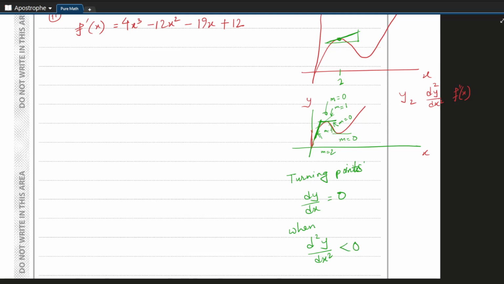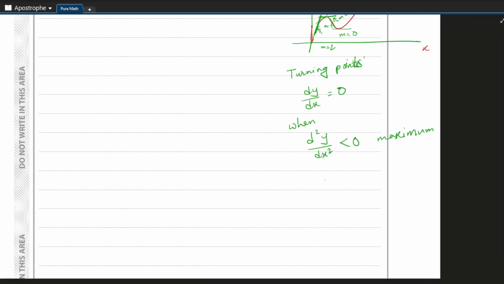Why? We can see the gradient is slowly decreasing, going from positive to negative. In order to go from positive to negative, it has to be decreasing. That means the rate of change is negative. So when the rate of change is negative, it is a maximum. And the opposite, when the rate of change is greater than 0, it is a minimum.